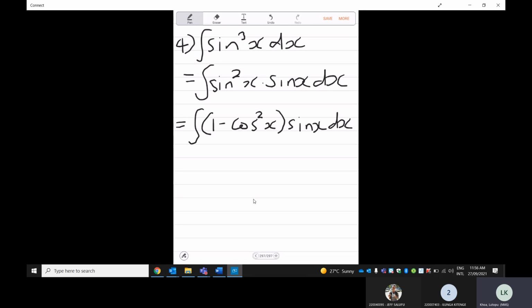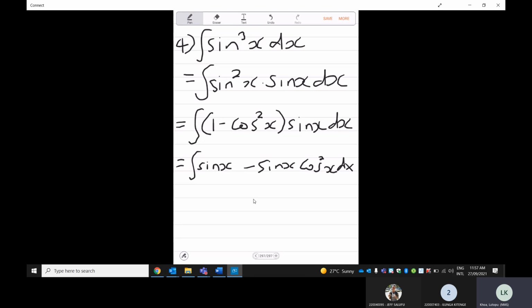Then I multiply inside the brackets. This is the integral of sine x minus sine x cos squared x dx.